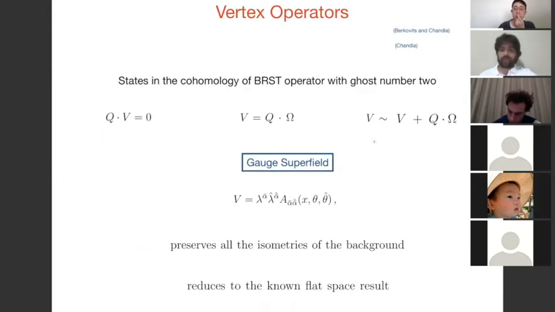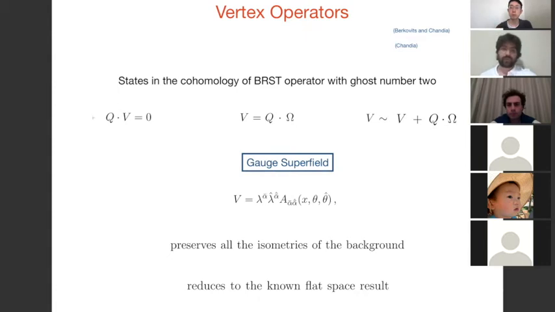Now I'm still being general about more backgrounds. So the physical states, the physical vertex operators, are states in the cohomology of the BRST operator of ghost number 2.